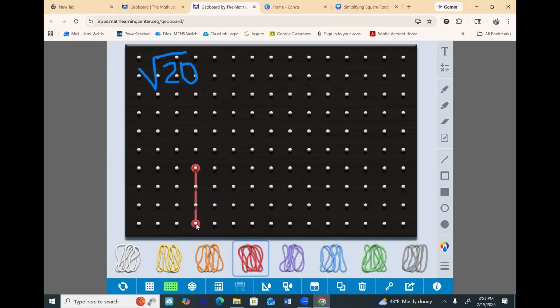So, like I said, the square root of 20, I could do a 4 and a 2. 1, 2, 3, 4 by 2. Let me make sure that makes sense in my head. All right, and so then here's the side length of my square that is 20. And you're going to do the same thing again.